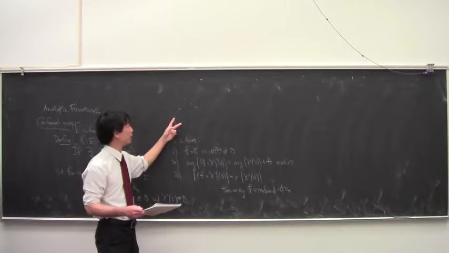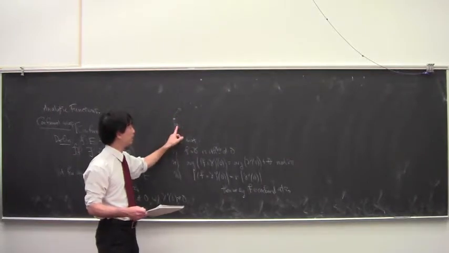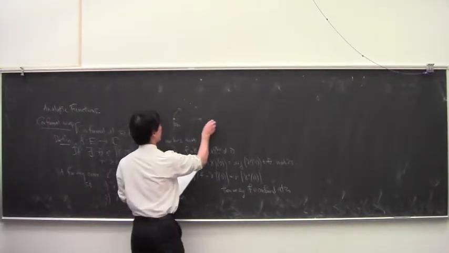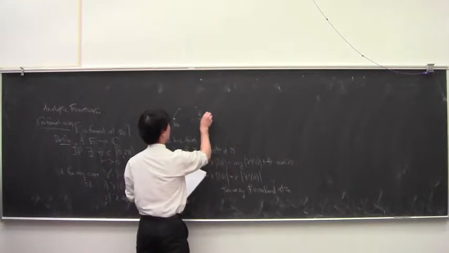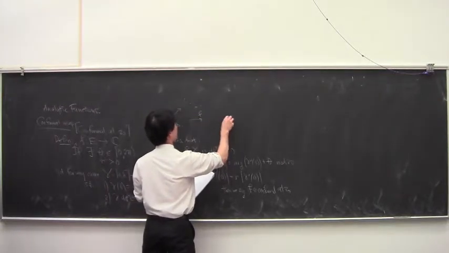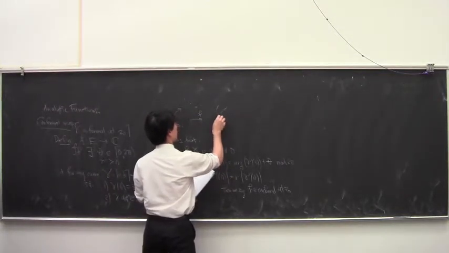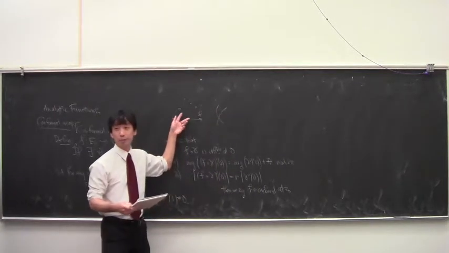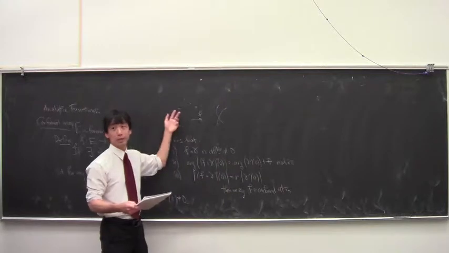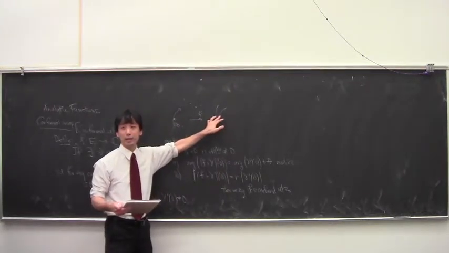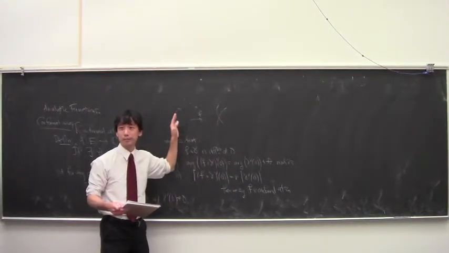Any curves that are passing through z, if you map them through f, you end up with the same angle at the image point.